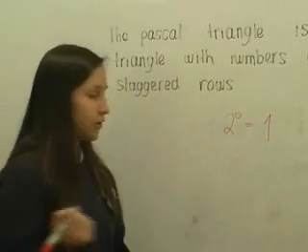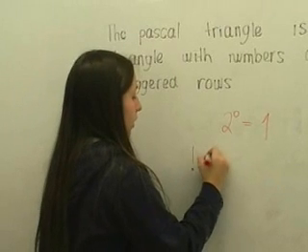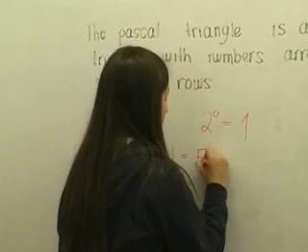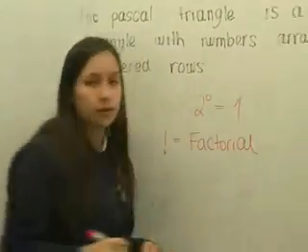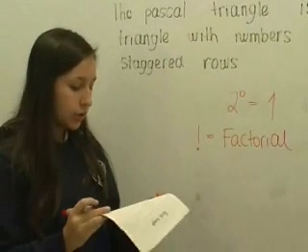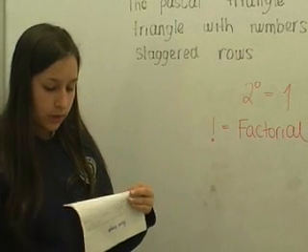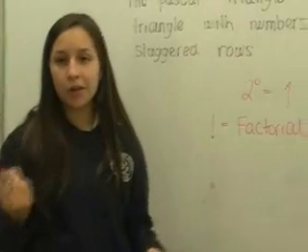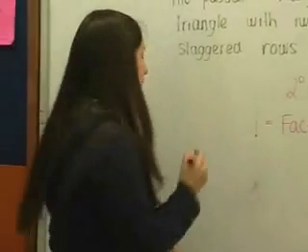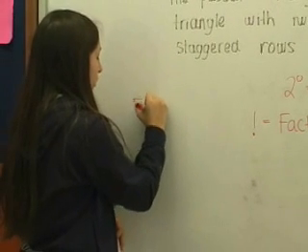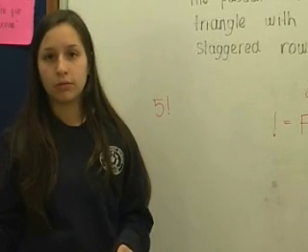Another interesting thing about the Pascal triangle is the factorial. A factorial is the number you will multiply: you will multiply all the numbers that are below.